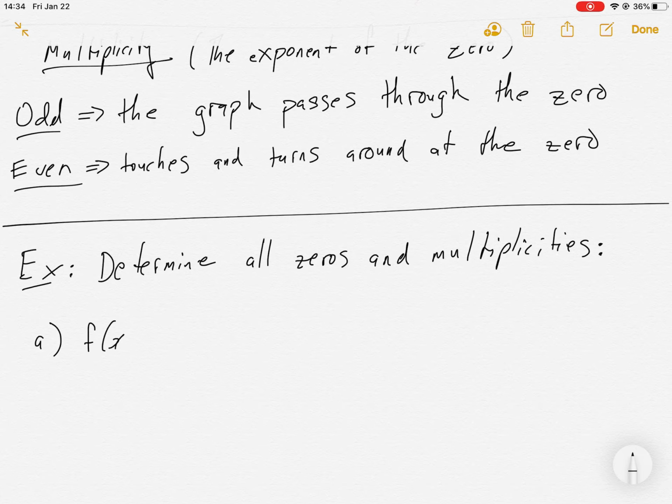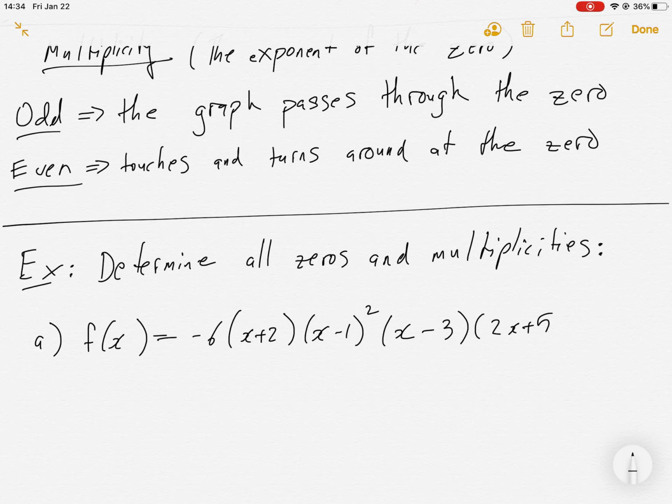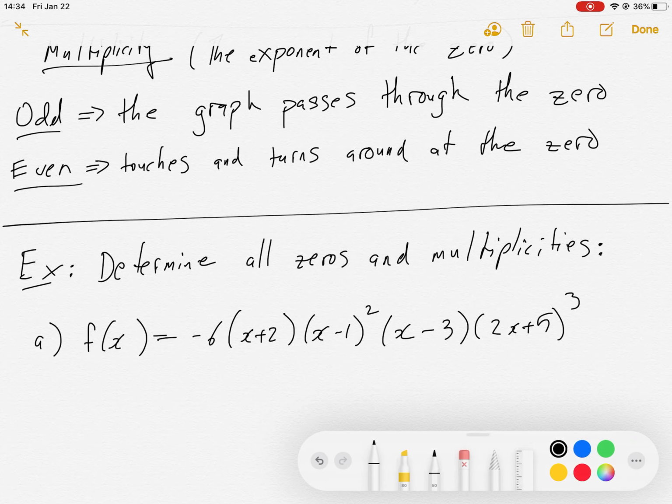Okay, so the first one is going to be f(x) equals, let's go with -6(x + 2)(x - 1)²(x - 3)(2x + 5)³.